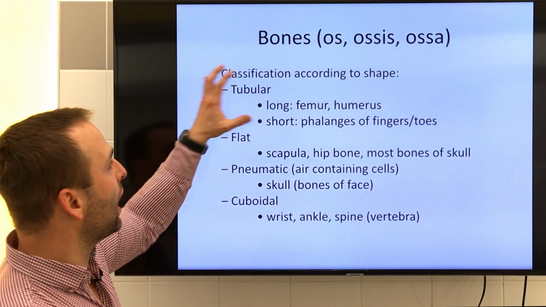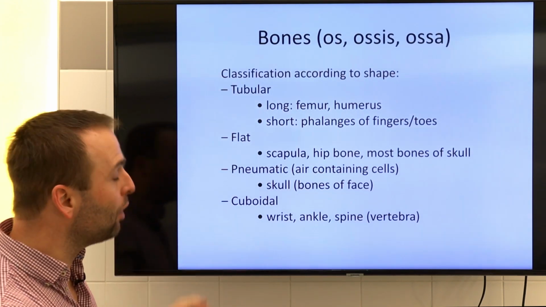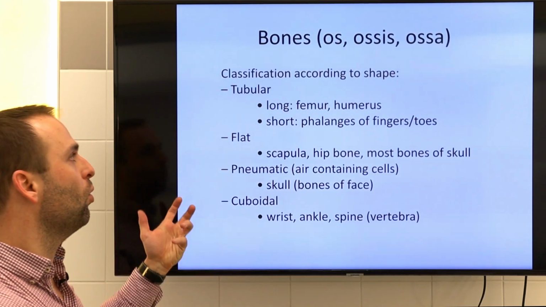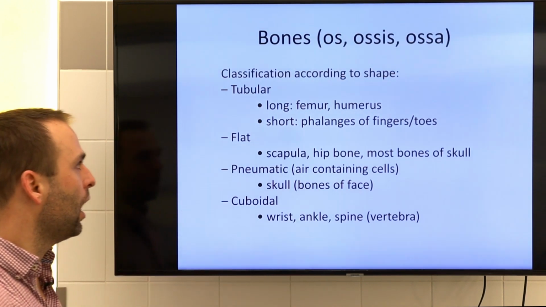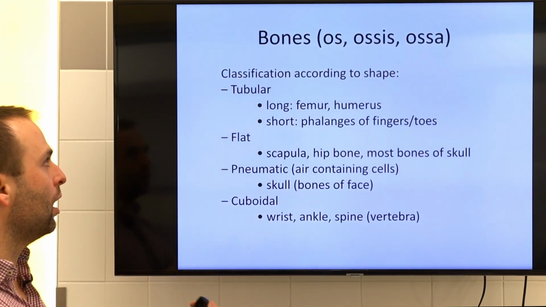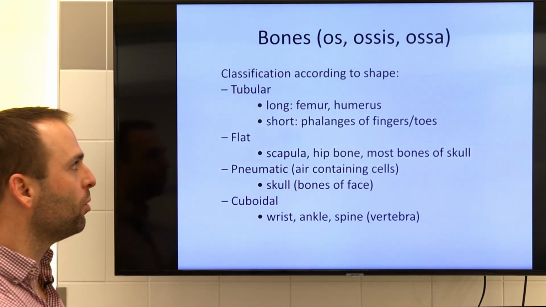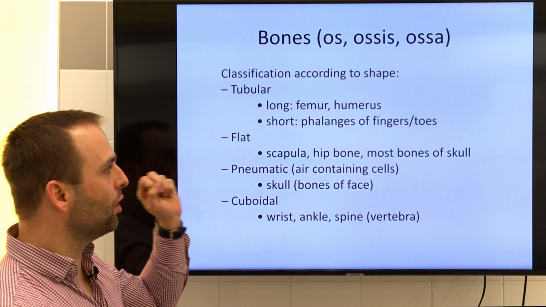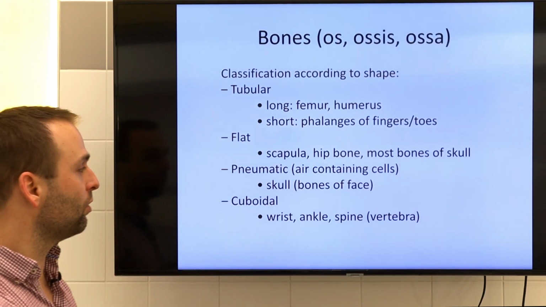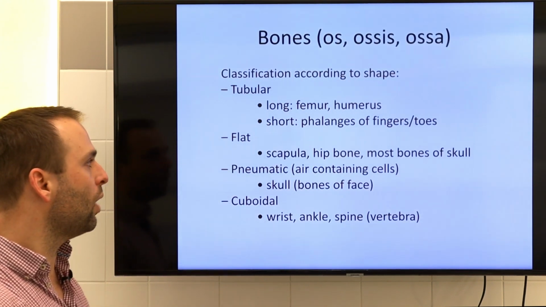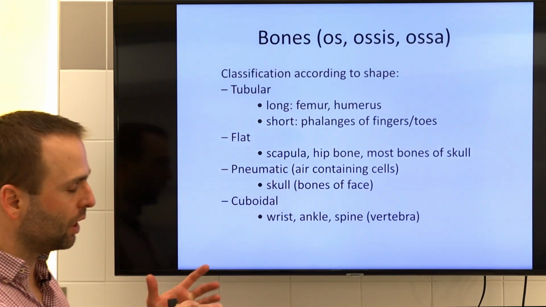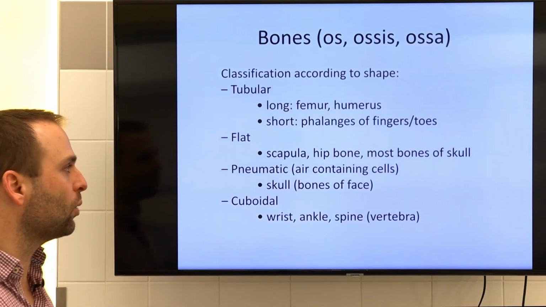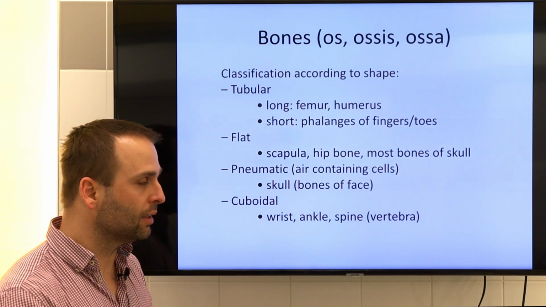So first of all, you can have tubular bones which have an elongated shape. These can be long or short bones. In some cases, the tubular shape of the bone is not that obvious. Flat bones like the scapula, the hip bone, and most of the bones of the top of the skull. You also have bones which are containing a cavity filled with air, so air-containing cells are inside the bones.